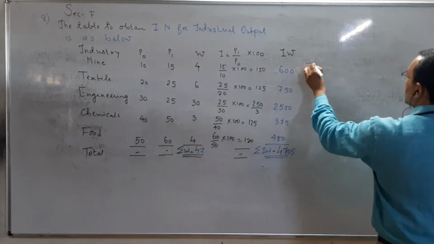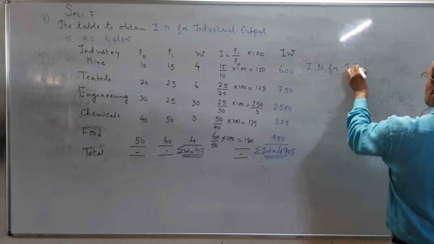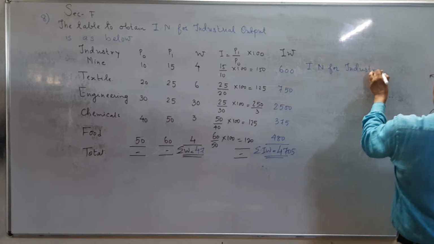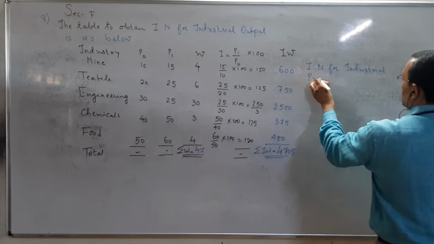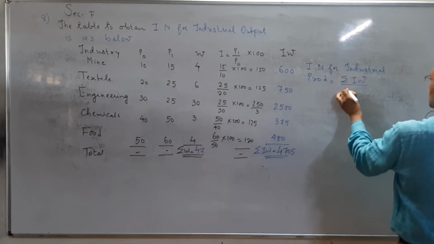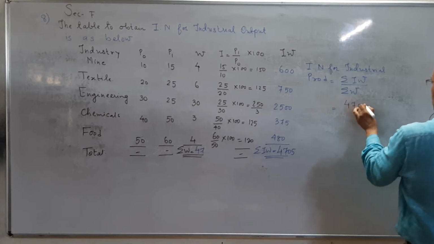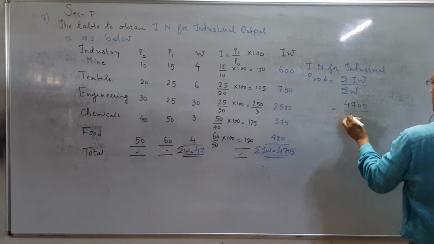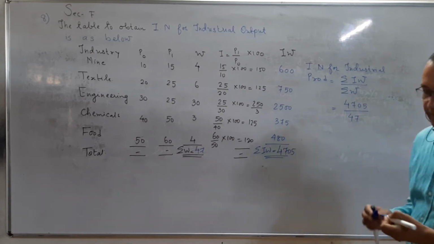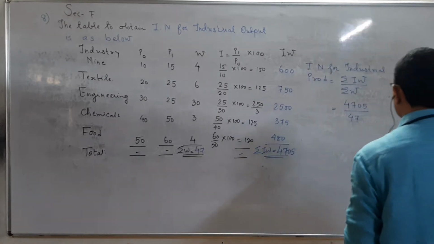So index number for industrial production is equal to sigma IW upon sigma W. 4705 divided by 47, and this comes out to be 100.1.